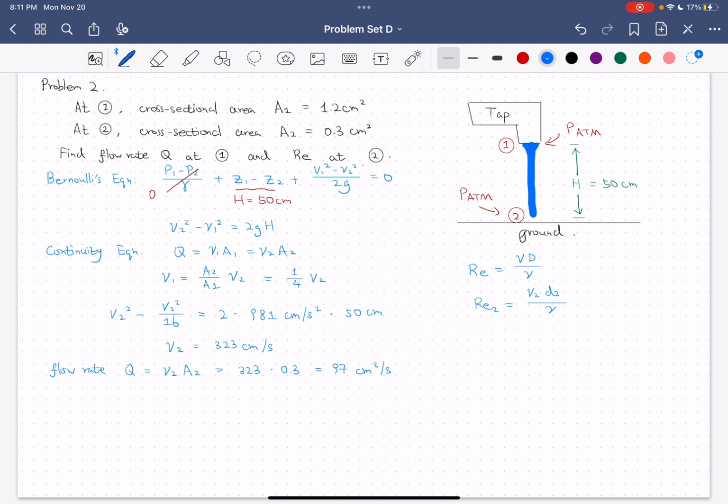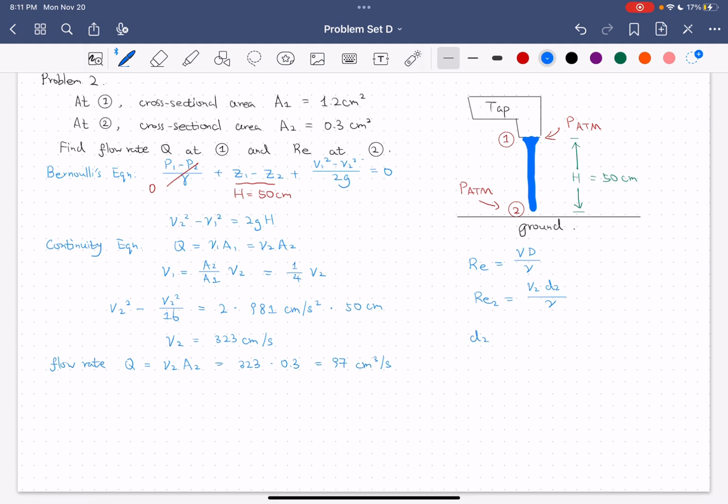And here D2 will be, let's assume our stream is a cylindrical shape. So since we know cross-sectional area A2, we will have D2 equals the square root of 4 over pi times A2, which equals 0.62 centimeters.